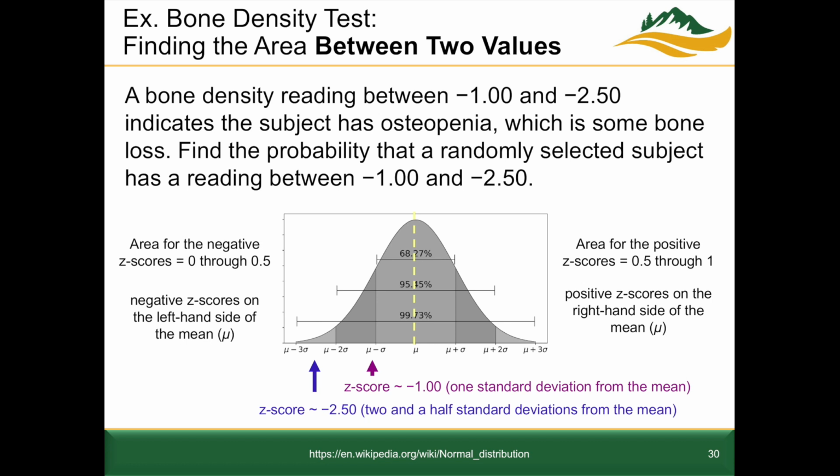Then as far as the area under the curve, we know the total area under the curve is 1. On the left-hand side that corresponds to the negative z-scores, that area is between 0 up through 0.5, right? Then on the right-hand side of this graph, because it's symmetric, the positive z-scores correlate with areas between 0.5 and 1. So that's how we're solving this next example here.